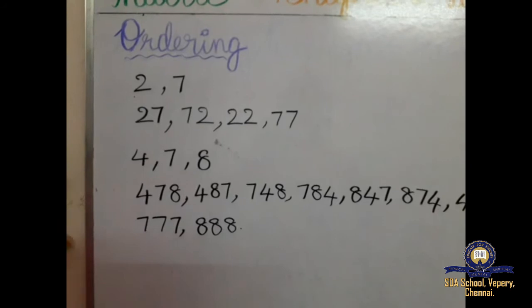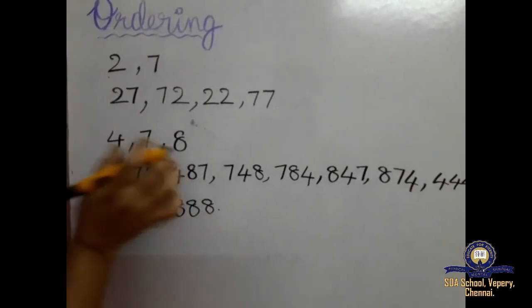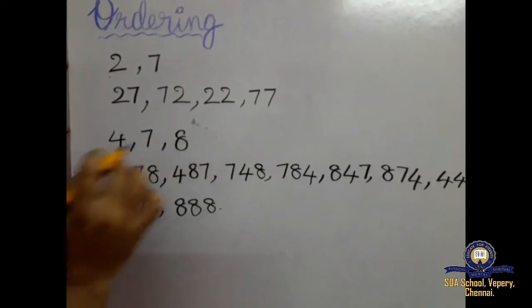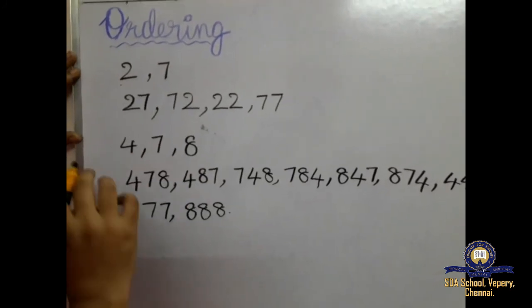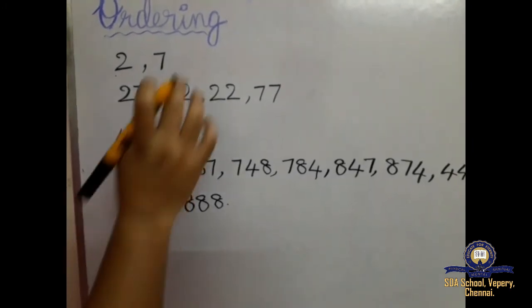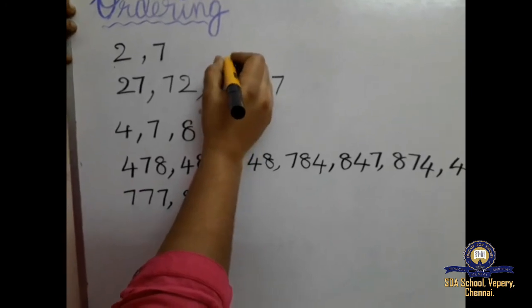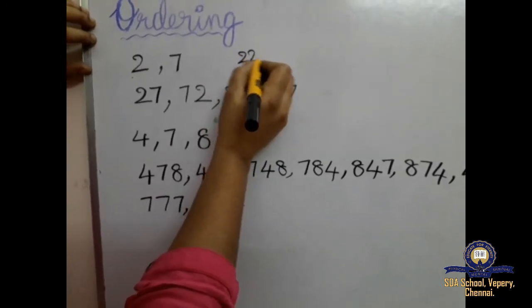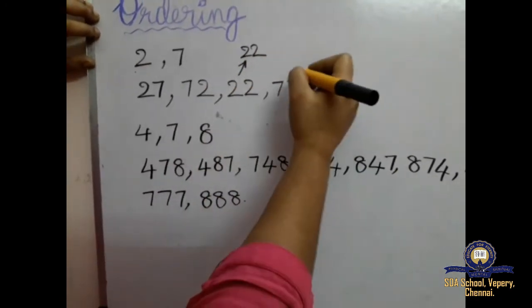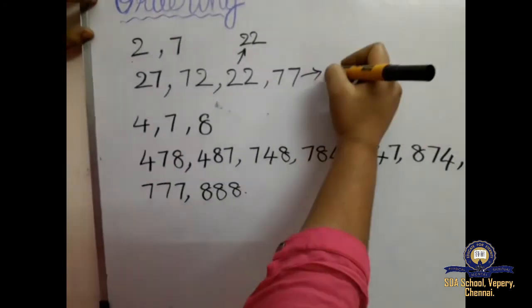Like this we can form different numbers using only 3 digits. This is called ordering. In this, what is the smallest number? 22 is the smallest number. What is the greatest number? 77 is the greatest number.